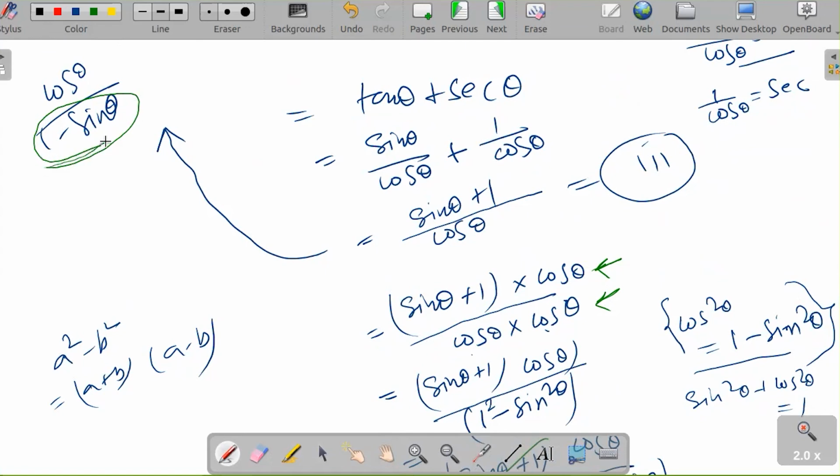And 1 minus sine can be brought with the relation sine square plus cos square. And this relation can be applicable only when there is cos square. Got it? For cos square, we have to multiply by cos. You got it? Yes.